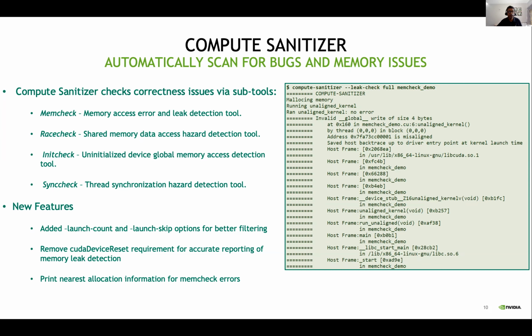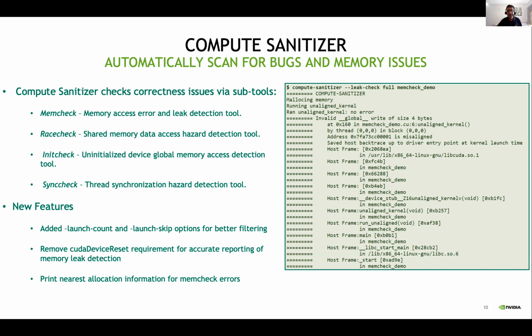So the main subtools as part of this are memcheck, which is for identifying any memory access errors or memory leaks, racecheck for detecting shared memory access hazards, initcheck for identifying any uninitialized device memory accesses, and synccheck for any thread synchronization related hazards. So these are all command line tools.